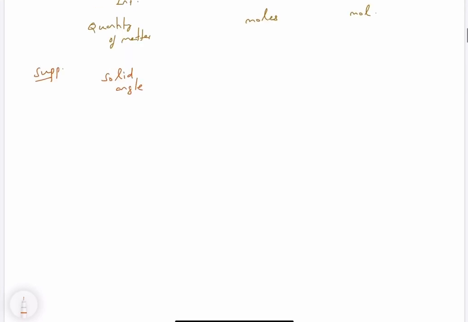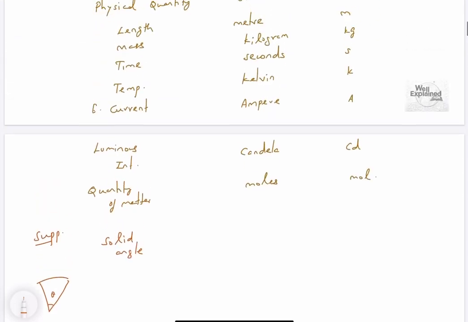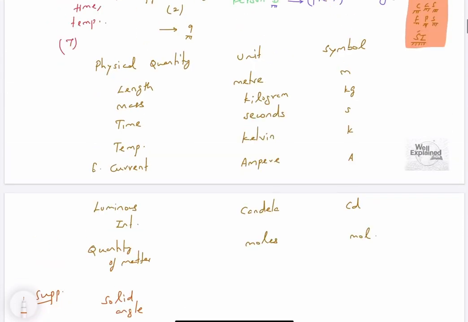Plane angle is nothing but the angles that we use for arcs. This is the theta that we use. And actually Kelvin is also sometimes represented as theta. So be careful in questions.